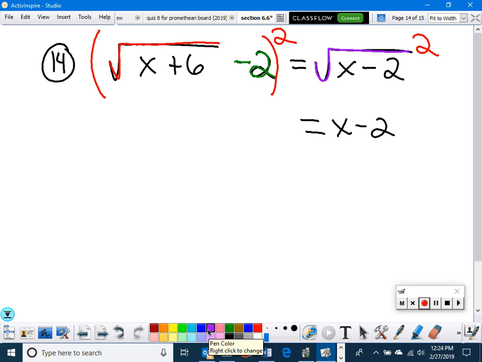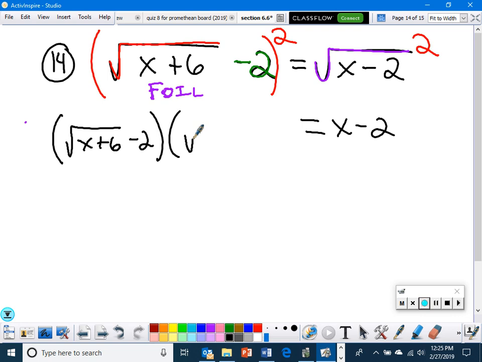All right, well, this is actually a FOIL situation. Okay, it is a FOIL situation. So what we're going to end up doing is rewriting it like this.